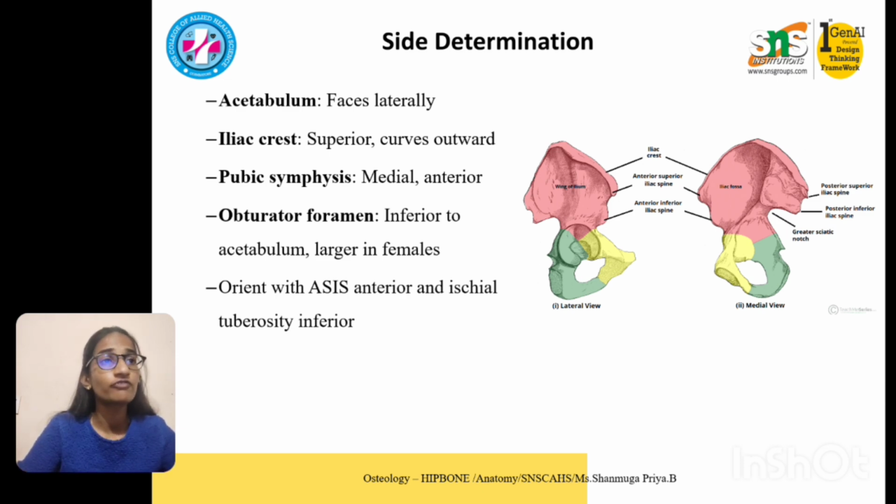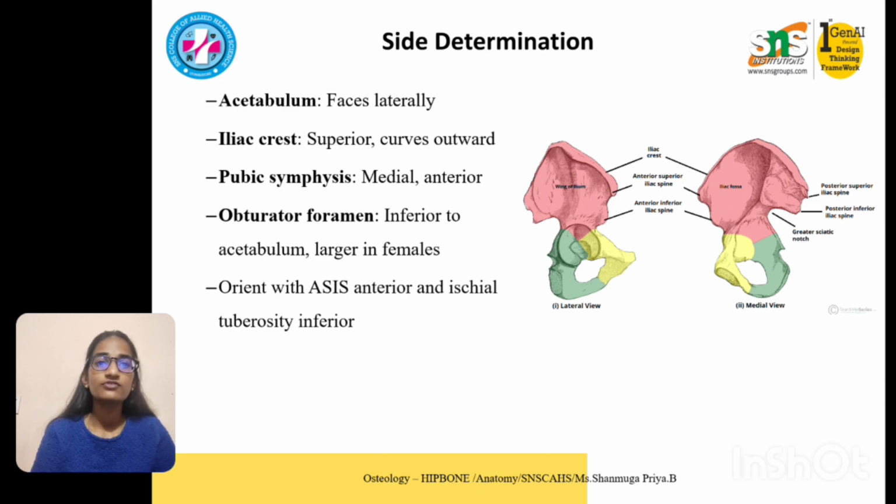The obturator foramen is inferior to the acetabulum and tends to be larger in females due to pelvic differences. Orient the bone with the anterior superior iliac spine pointing anteriorly and the ischial tuberosity inferiorly. This slide diagram demonstrates its orientation in lateral as well as medial views.